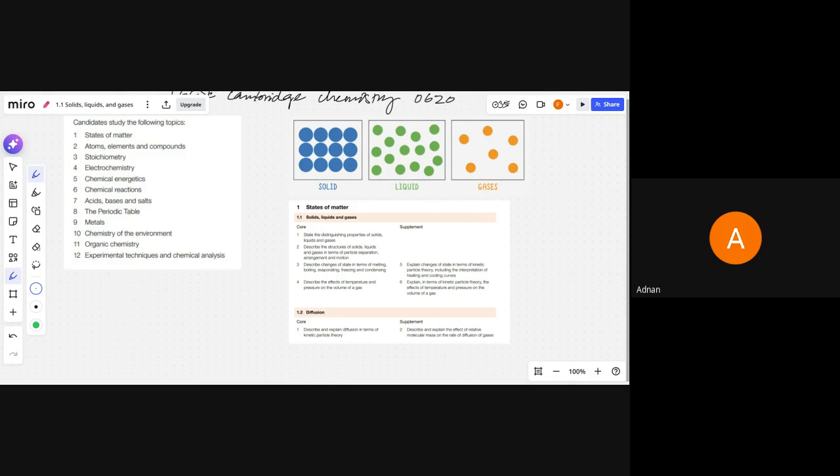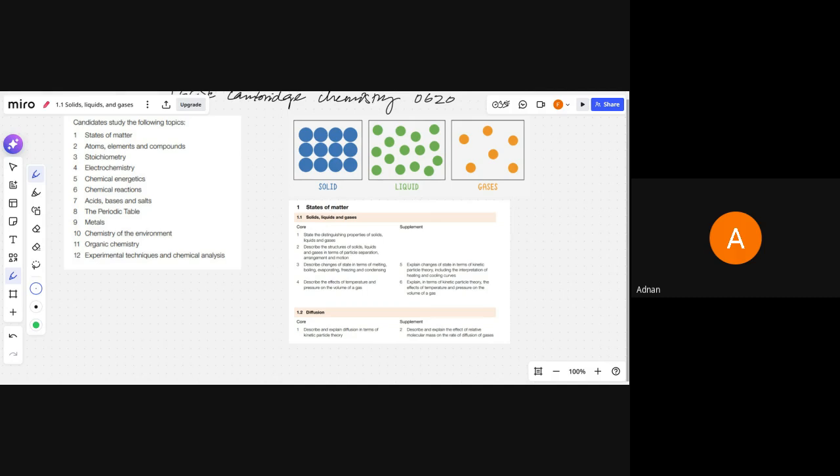And for gases, particles are randomly arranged again, just like liquids, and they have the most kinetic energy, which I'll explain later. The particles in a gas are relatively spread out and move randomly in all directions, and since there is a gap between the particles, they can be compressed. So this is basically topic number 2.